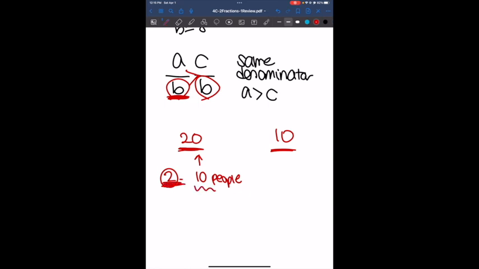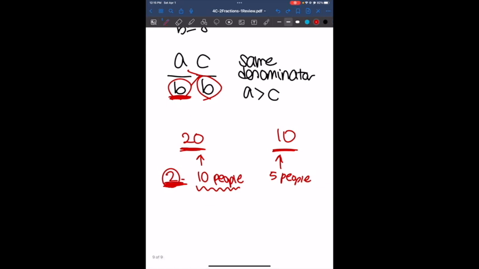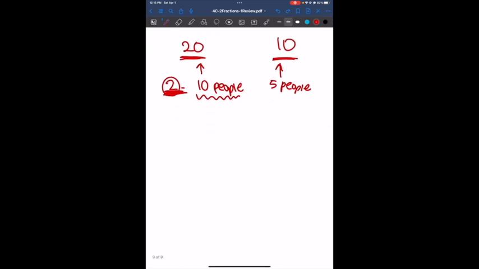With 20 candies, we can give candies to 10 people. But with 10 candies, we can only give candies to 5 people. So this is smaller. When the numerator is bigger and the denominator is the same, the fraction with the larger numerator is greater.